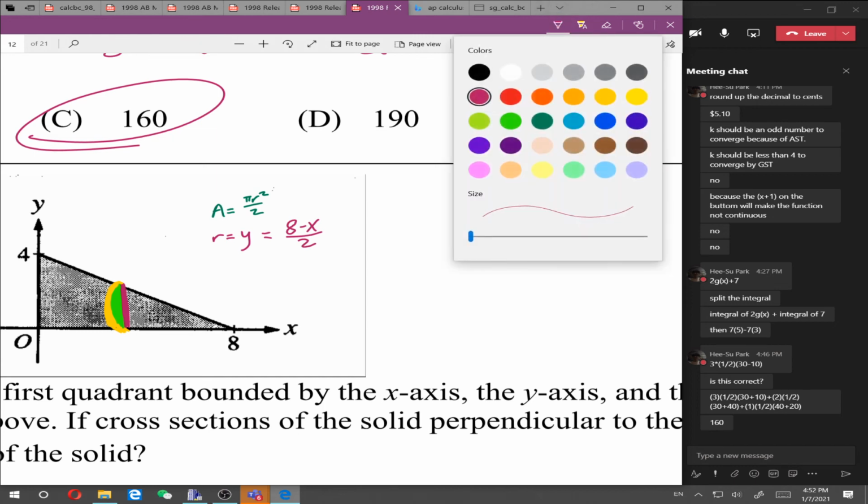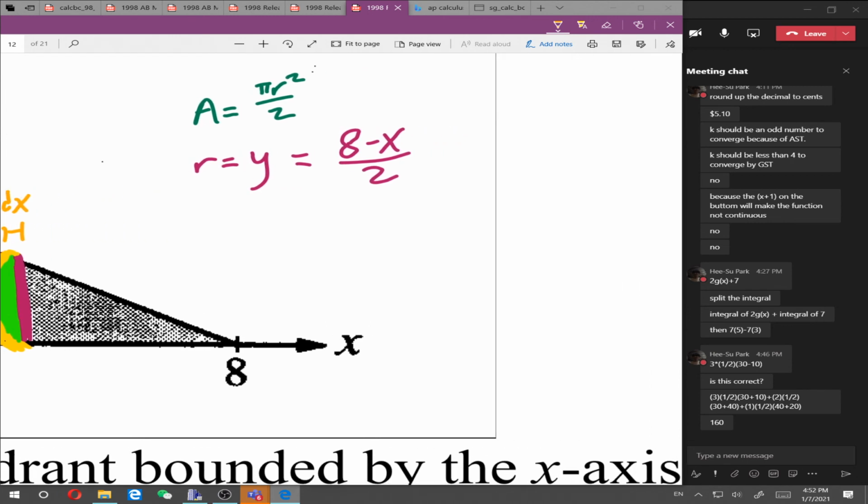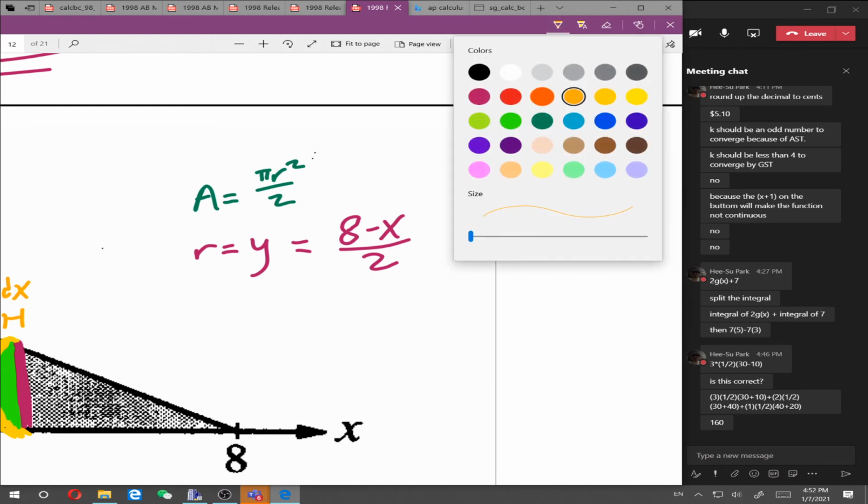Okay, then lastly, I should have an infinitely small value here for how wide our cross-section is. How wide will our cross-section be? dx. So that's our infinitesimal for x. Alright, so let's plug this in. We'll get our area equation.